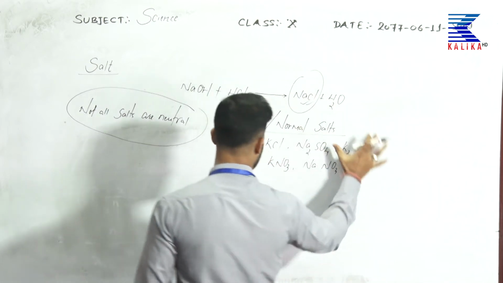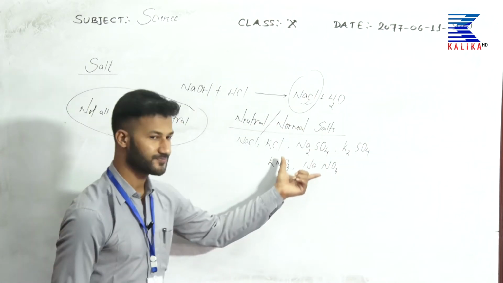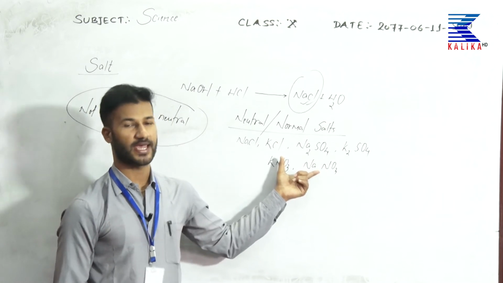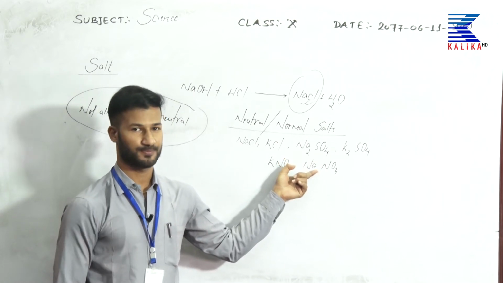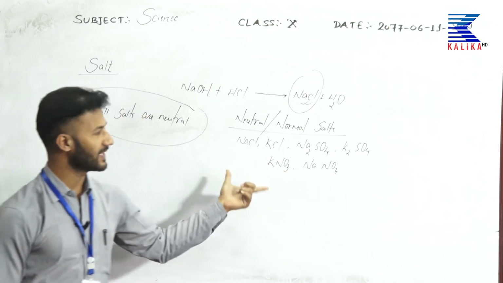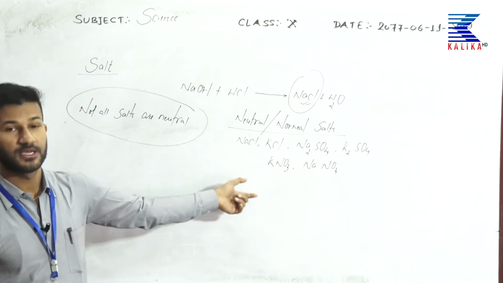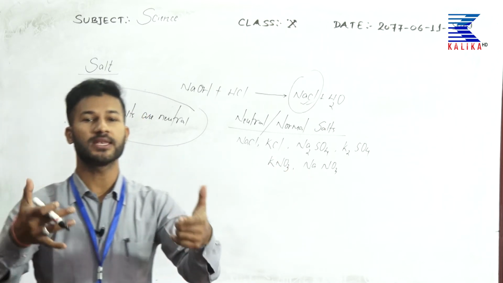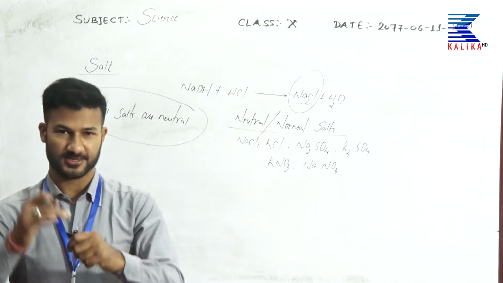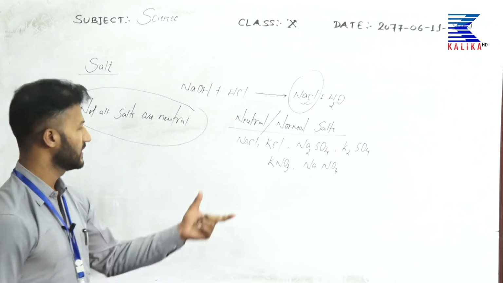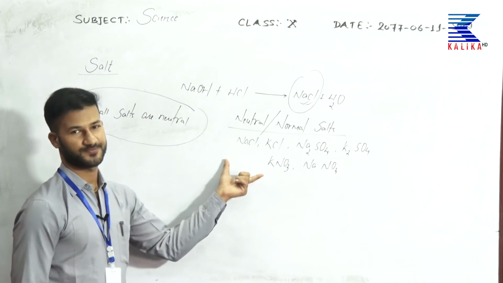These are examples of neutral salt. They do not show any change with indicators, and they are chemically obtained in lab by reacting equally strong acid and base. That is why they are neutral in nature.